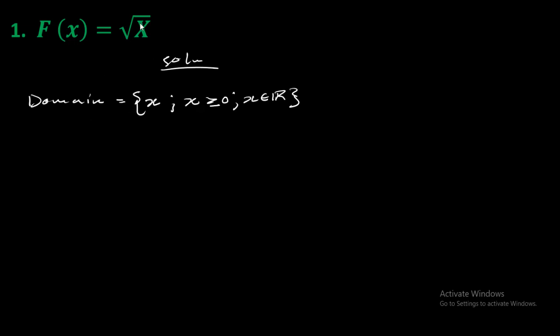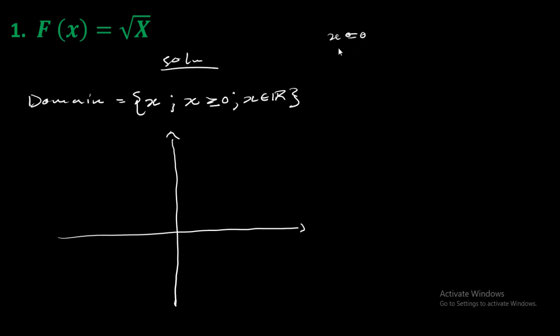So when you find the domain in this way, you can easily write your y-axis and your x-axis. If you look at this graph, when x is 0, y is simply equal to 0. And we have been told by the domain that the values of x should be greater than 0.